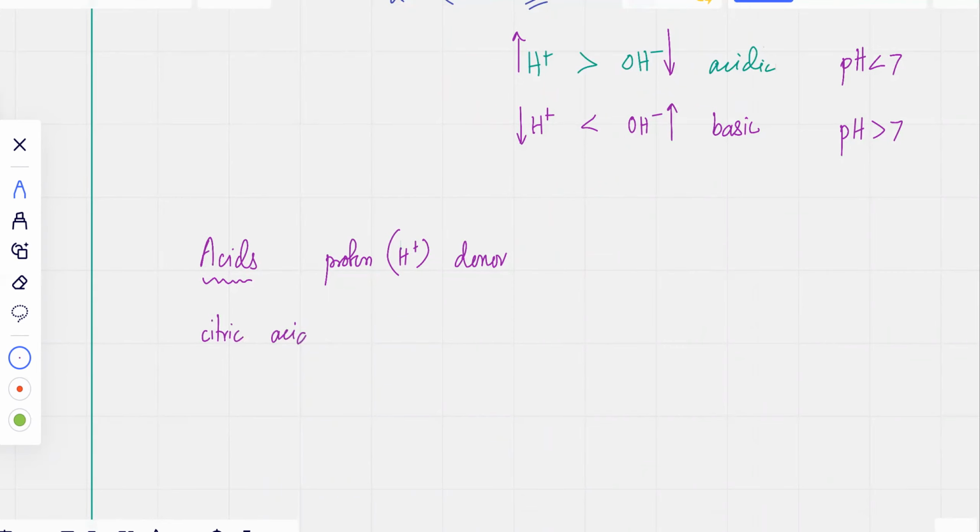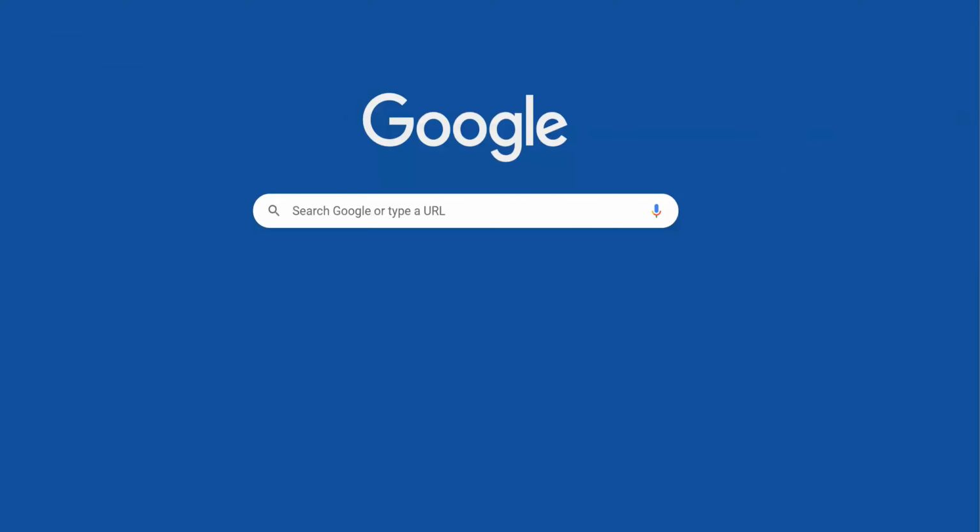Carbonic acid? I'm just talking about the acids that you read about in everyday life. That's in your citrus fruits. Any other acid apart from citric acid? There's nitric acid. No, the ones that you see every day.